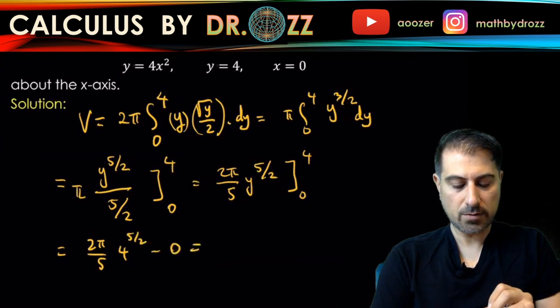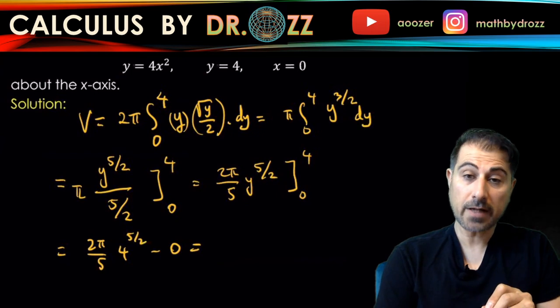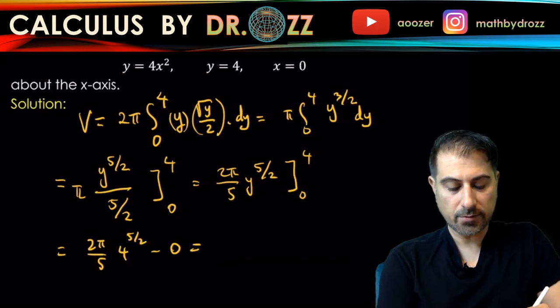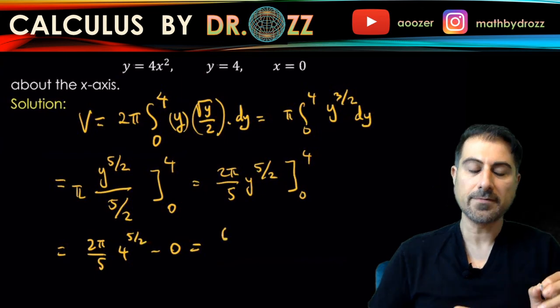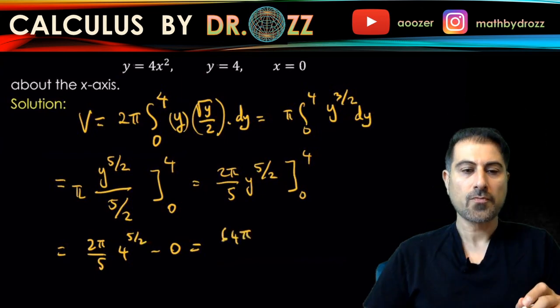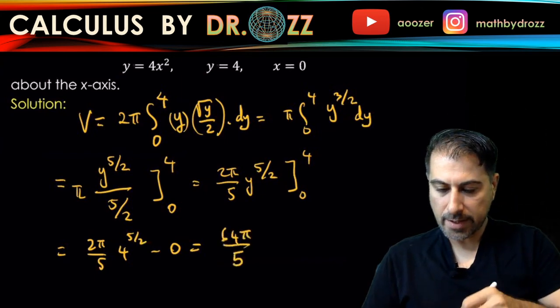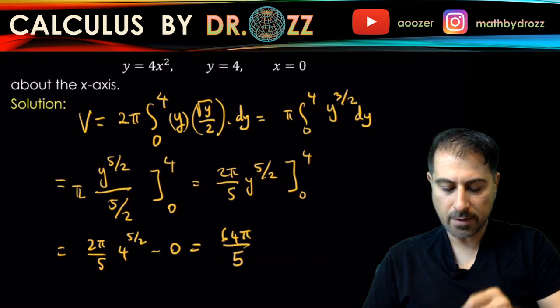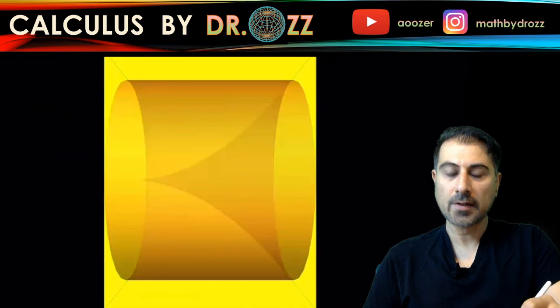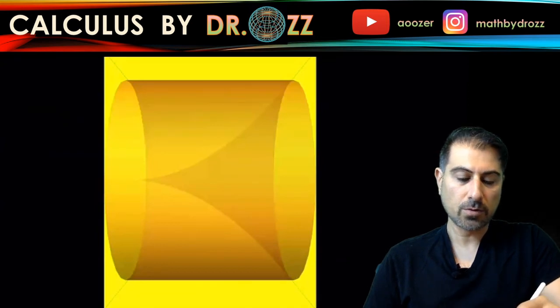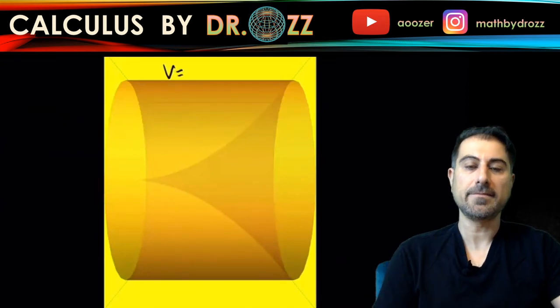So 4 to the power of 5/2 is 2 to the power of 5, that's 32, so 32 times 2 pi over 5, which is 64 pi over 5. So we can write that the volume here is 64 pi divided by 5.